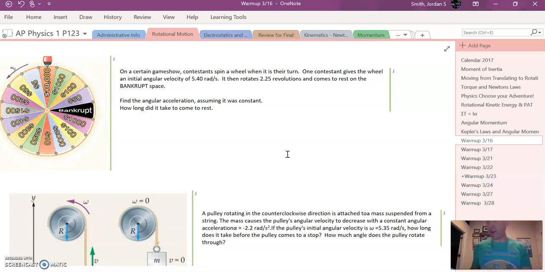A revolution is not in radians, so we need to put that into radians. So you have 2.25 revolutions, and then we have to use some canceling. So 2.25 revolutions, and we know that there are 2 pi radians per 1 revolution.